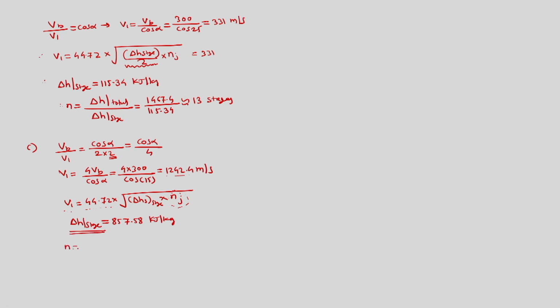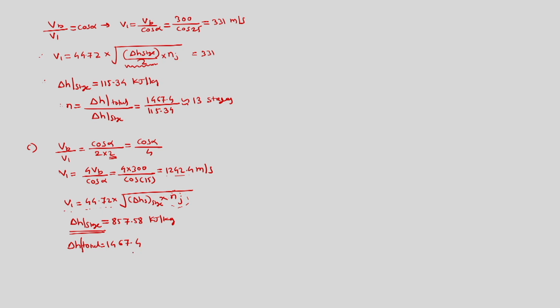So the number of stages is equal to delta H total divided by delta H stage. We know delta H total is 1467.4, and we want one stage of velocity compounded Curtis turbine.